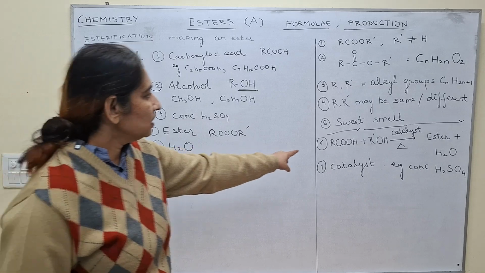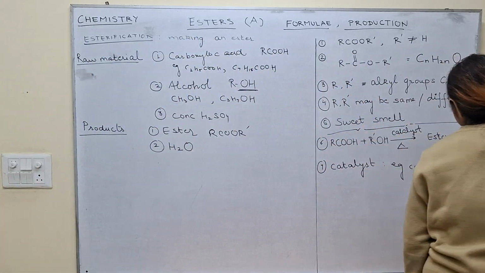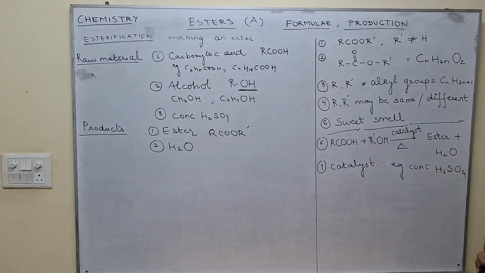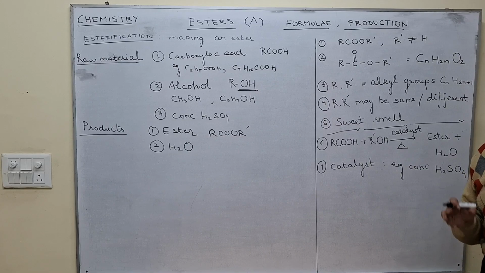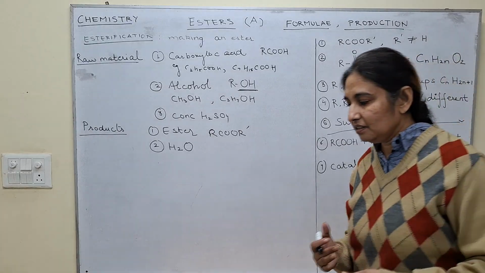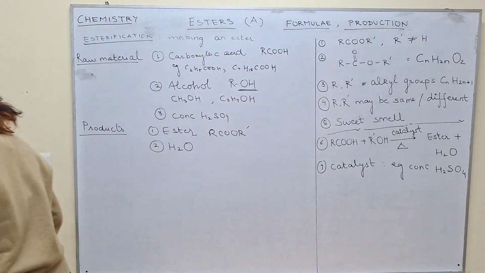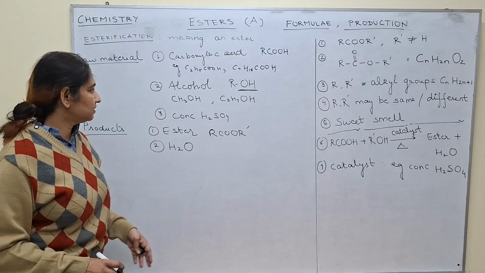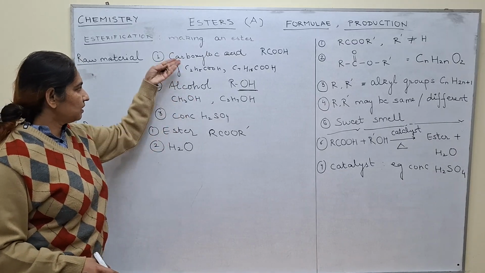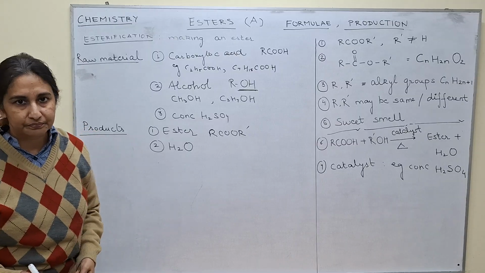And an important thing is heating is required. If you don't heat, it will never lead to completion. You definitely need heating to speed up the reaction for it to even happen. Otherwise, there's no way these two will react with each other. Very difficult.